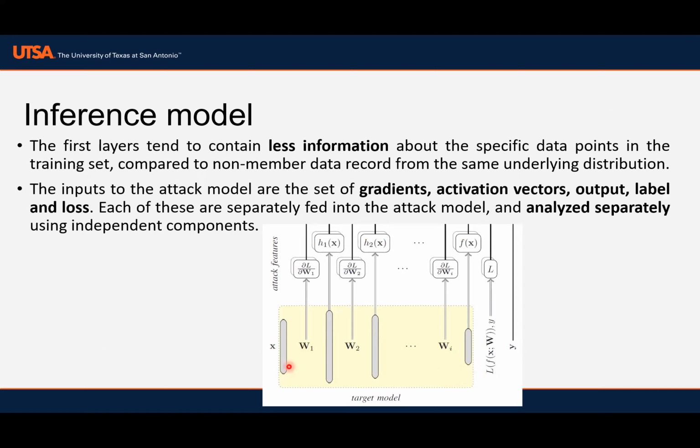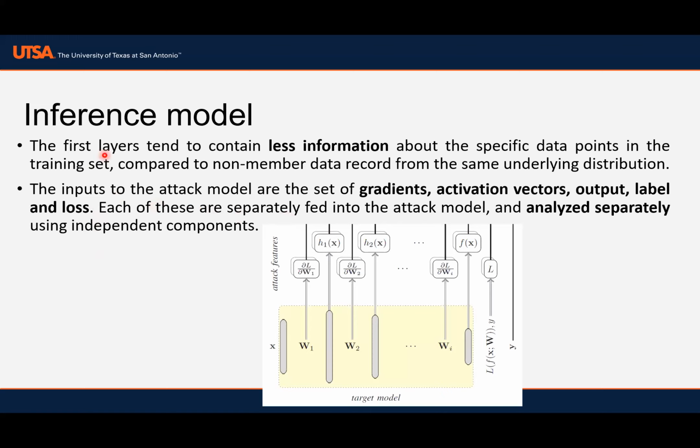He can access the input X and the parameters, the first layer parameters W1, and the loss and the label, and the output. If the attacker can only access the output fx, then it will be a black box inference.